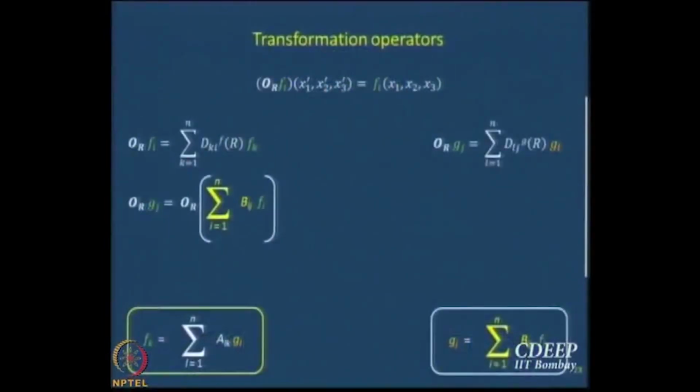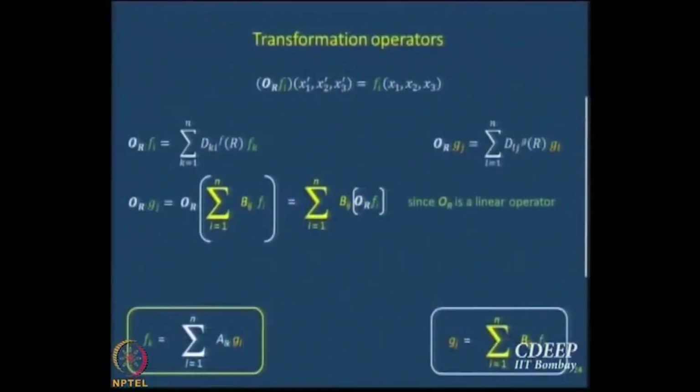How can I simplify this expression? Summation can come out. Why can the summation come out? Put it in a different way. It's linear. OR is a linear operator, right.